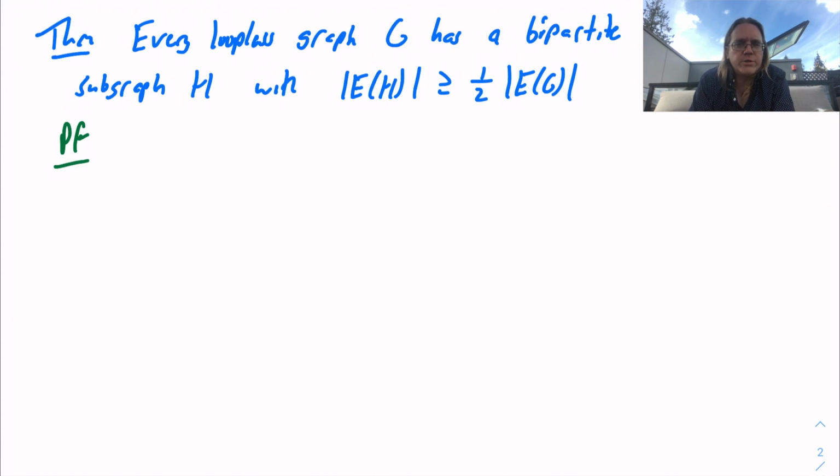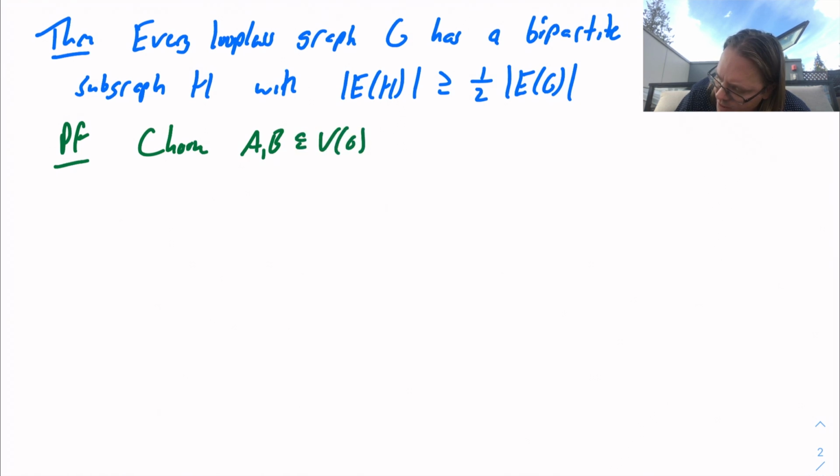Now, what we're going to do here is we are just going to go in a greedy fashion. I'm just going to choose this pair of sets A and B so that I maximize the number of edges in between them. So again, I'm going to choose subsets A, B, subsets of V of G, such that A and B have to be disjoint, and their union should be the whole vertex set.